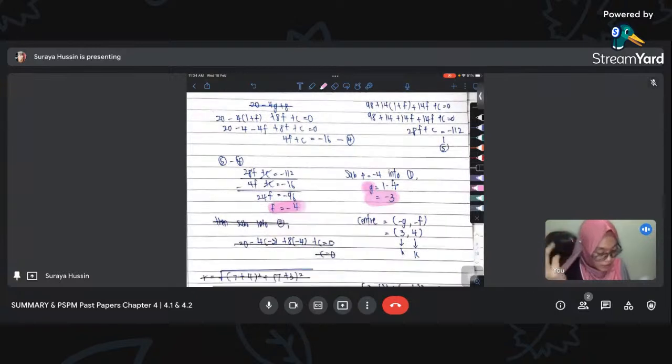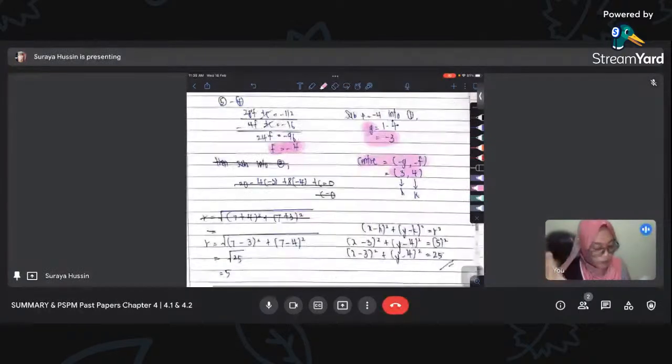And so dia masukkan dia punya center dekat sini. And so dia produce the standard equation. Okay? Dia producekan dia punya standard equation. And so jawapan dia sama sahaja dengan jawapan kita yang buat standard equation dari awal lagi.